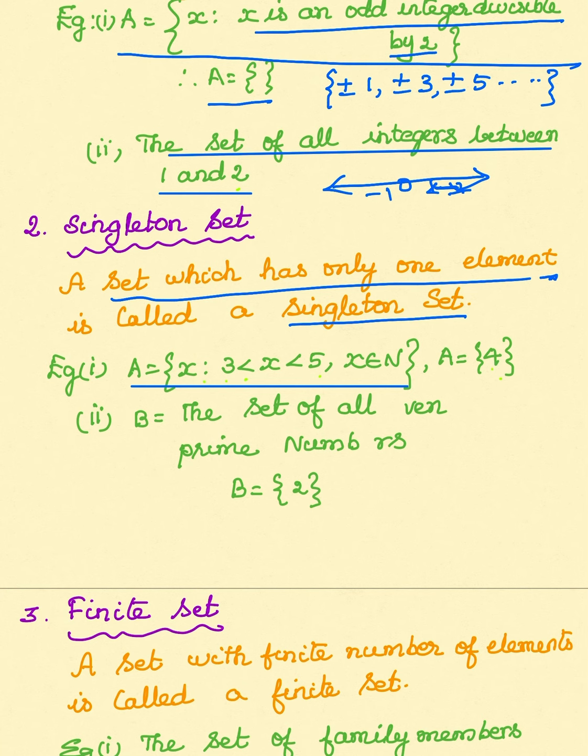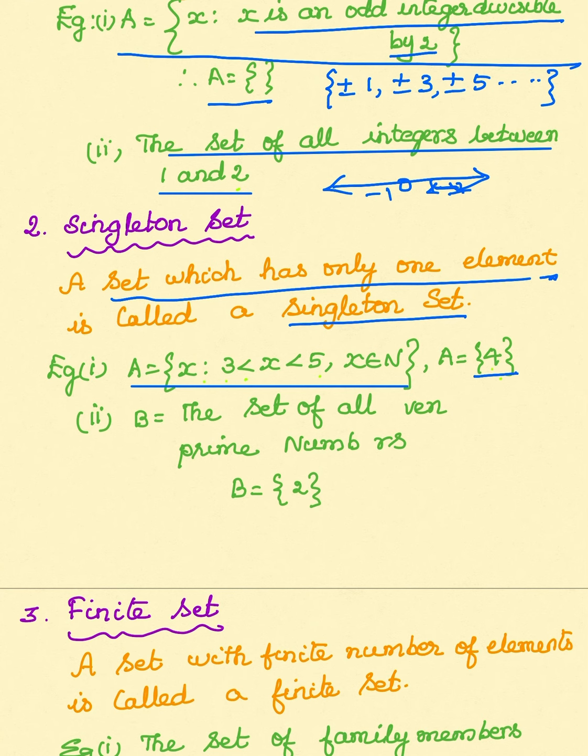So x lies between 3 and 5, and that must be a natural number. So 3, 4, 5. The only natural number between 3 and 5 is what? 4. So A is equal to a set with the element 4. Only one element is there. So it is a singleton set.